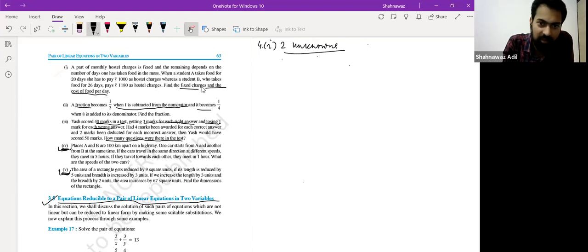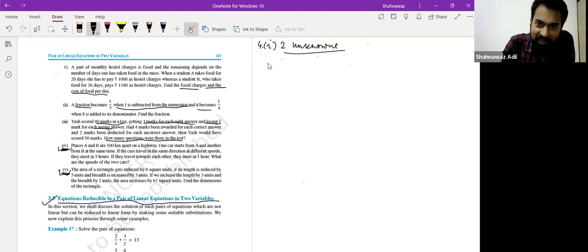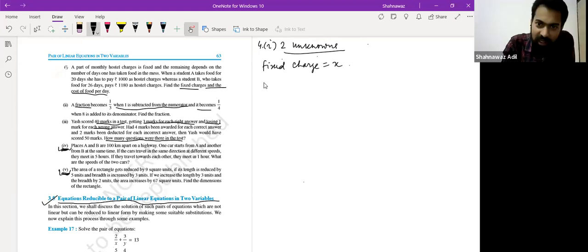Find the fixed charge and the cost of food per day. Right, Talha? So what will be the two unknowns here? Fixed charges, and the cost of food per day, the recurring charges.